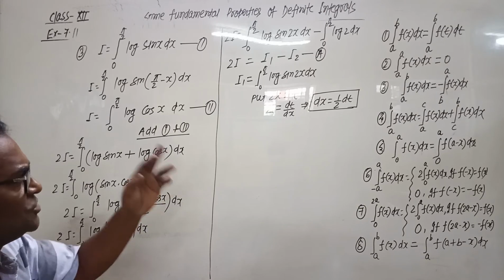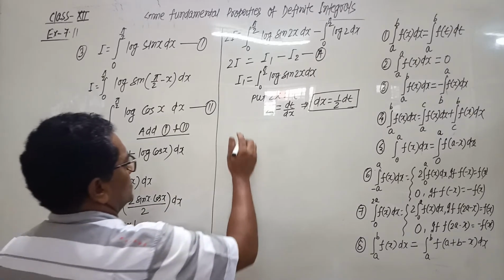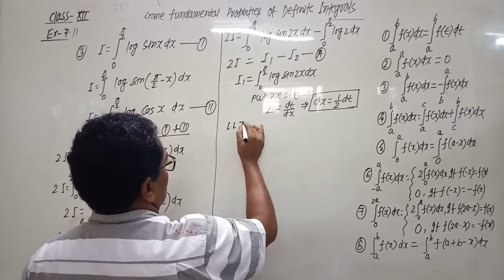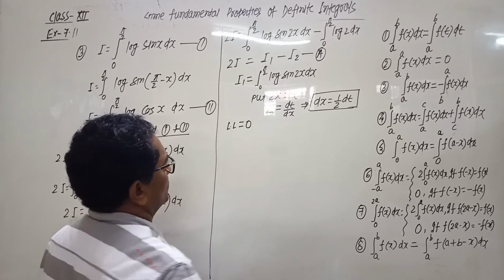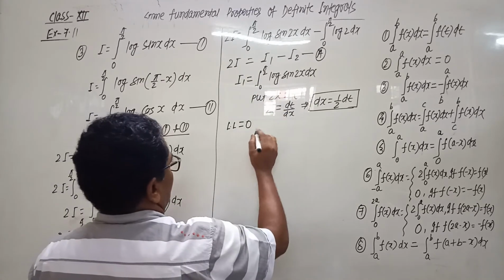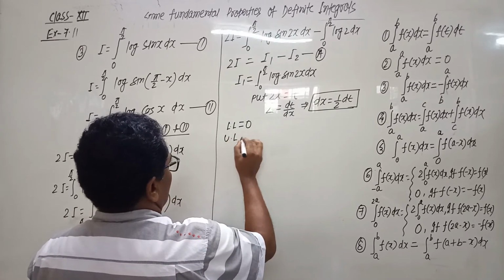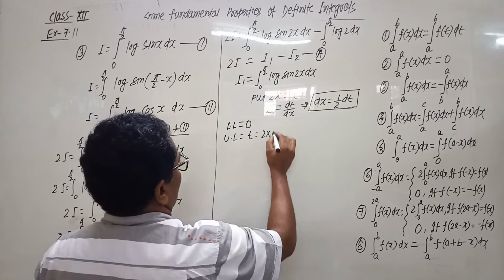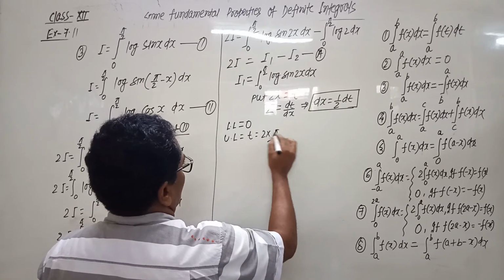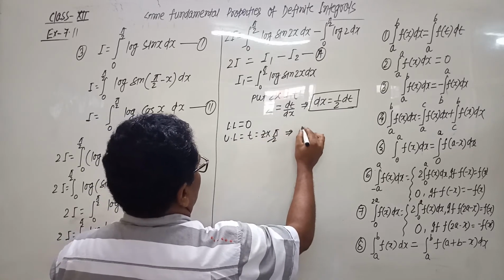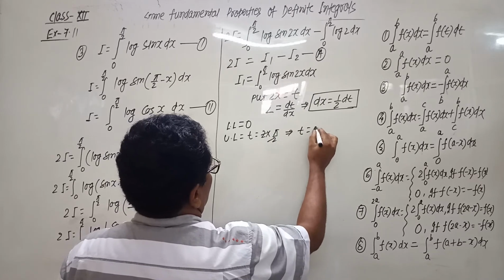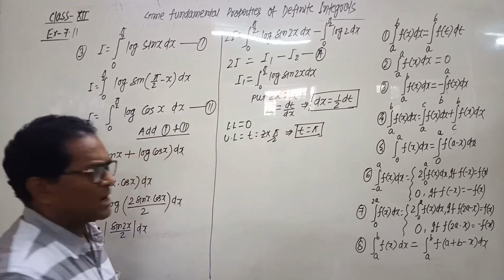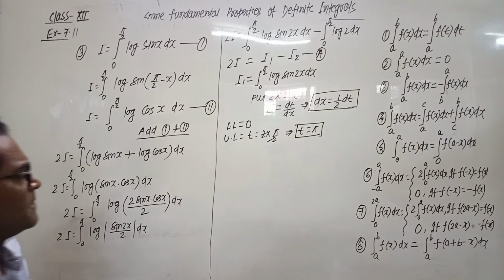Then we will have to change the limits. For the lower limit, put x equals 0, so the lower limit becomes 0. For the upper limit, t equals 2 into the value of x, which is pi by 2, so we get the upper limit t equals pi.